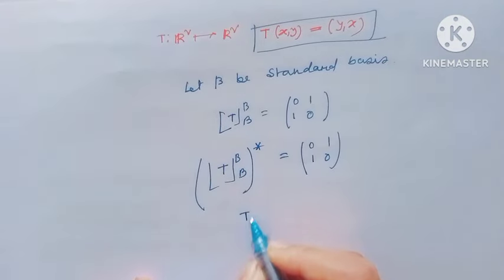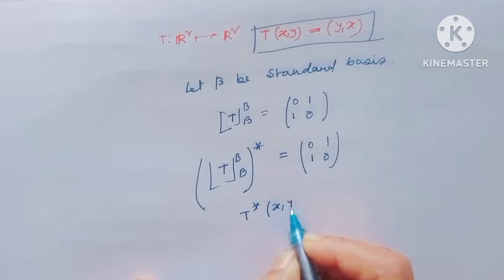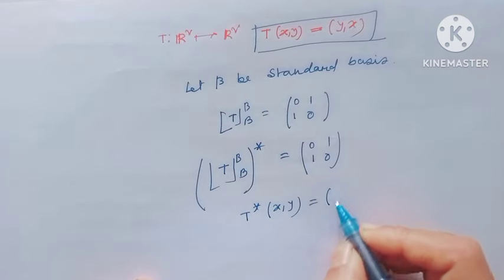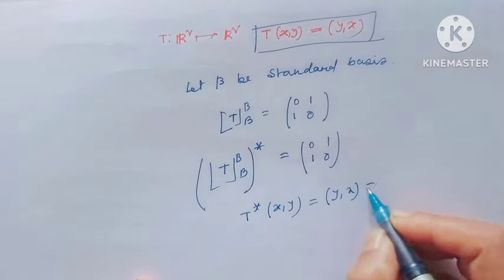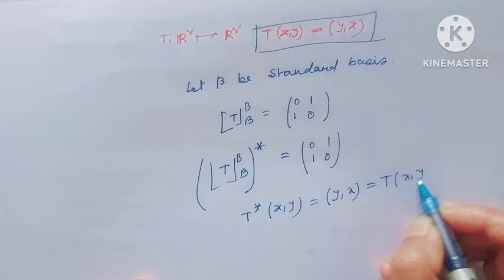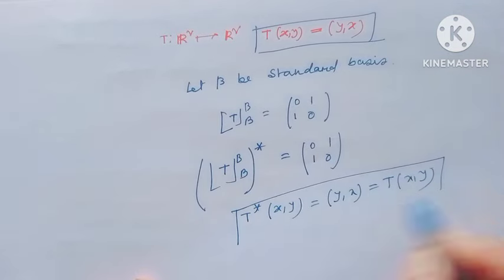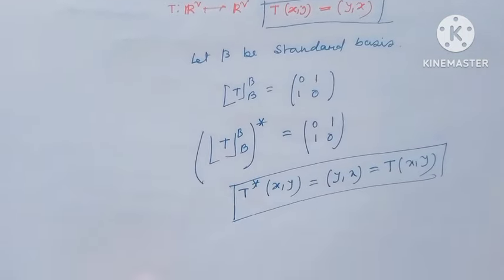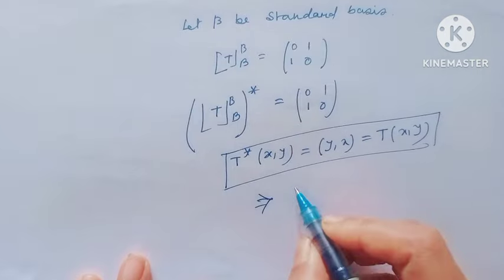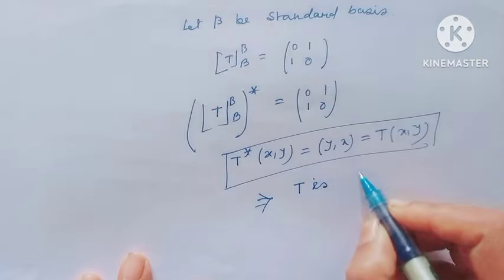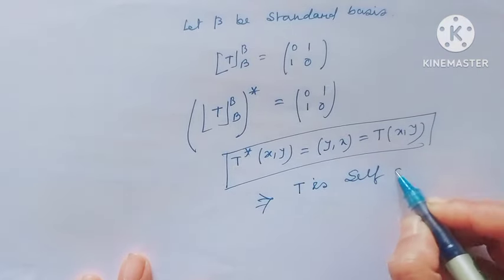So T star (x,y) equals (y,x), which is equal to T(x,y). So T star (x,y) equals T(x,y). That implies T is self-adjoint.